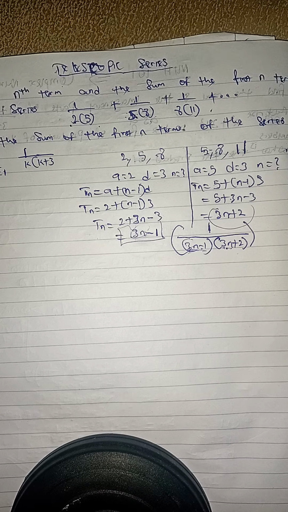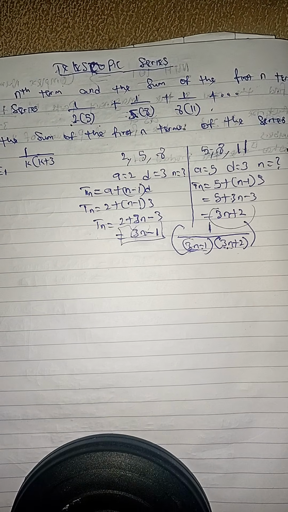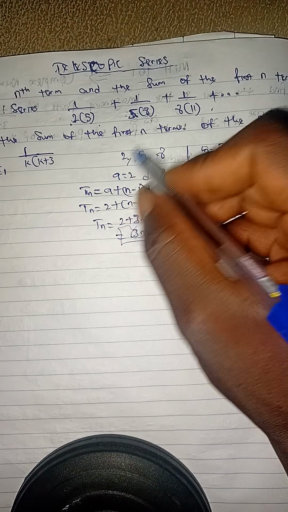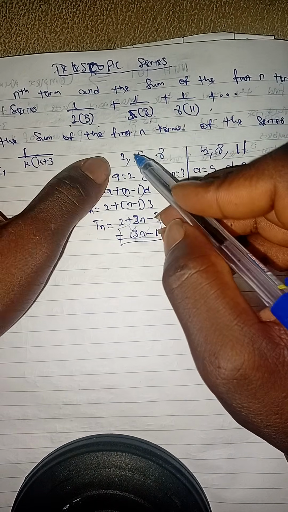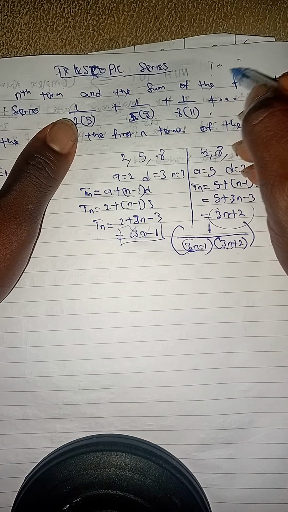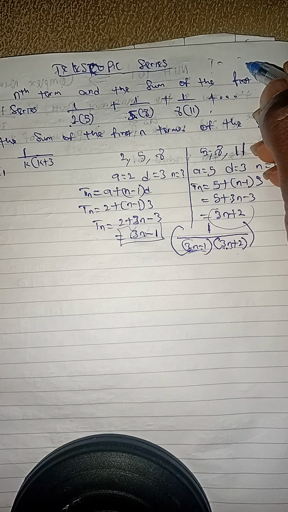Now some of you are familiar with using the summation of AP to find the nth term. Why am I using Tn and not the summation formula? It's because I did not break this thing down. In those cases, we say T1 equals this, T2 equals this plus this, and you begin to split it and cut with addition.